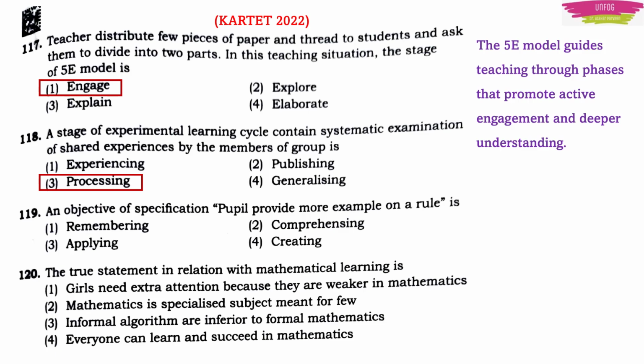Next question. The objective of specification, where people provide more examples on a rule, is... So what is the objective of this specification? People provide more examples on a rule. It is applying. See, if you have one topic and different teachers are giving you different examples and explaining it, it means that they are applying that particular topic in those examples.